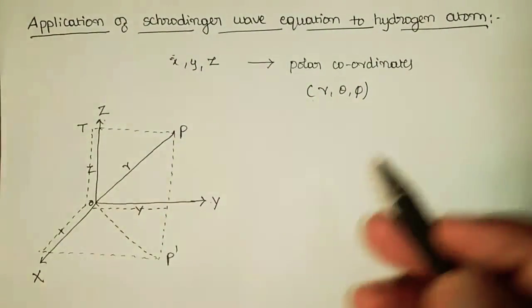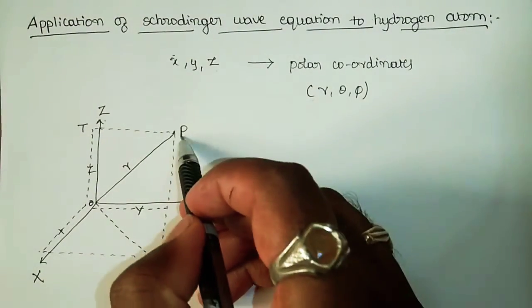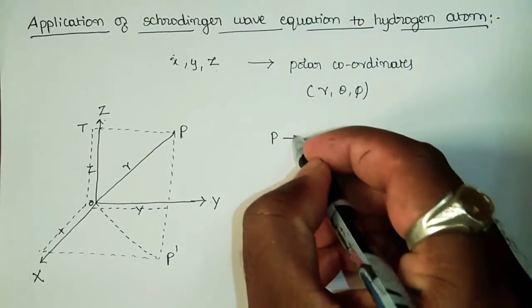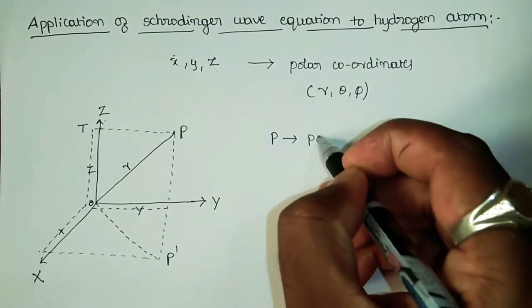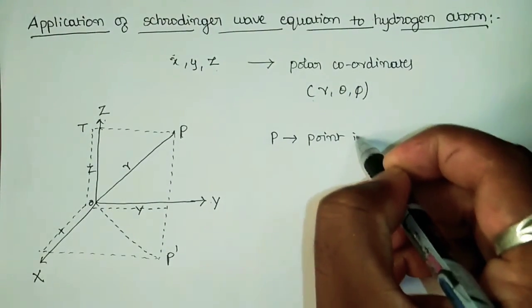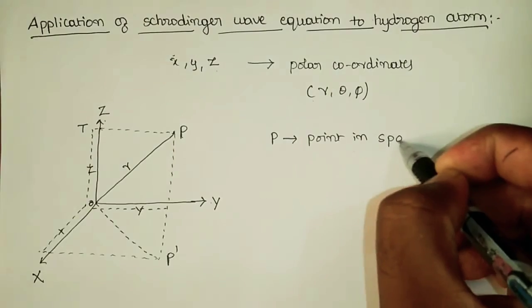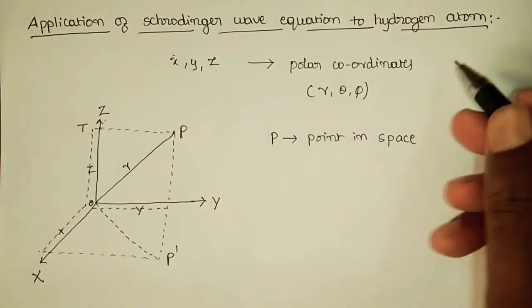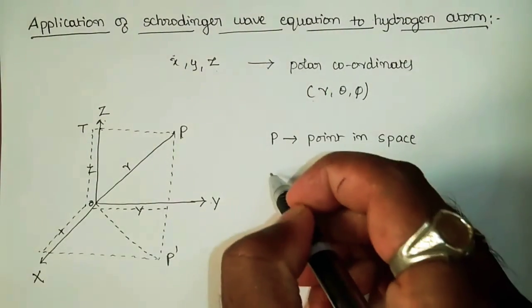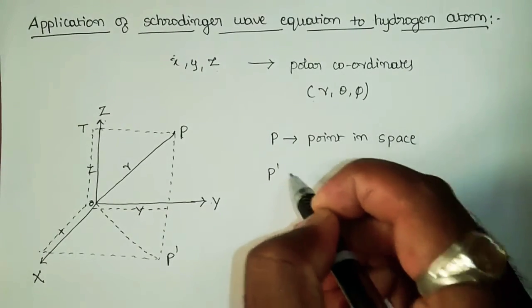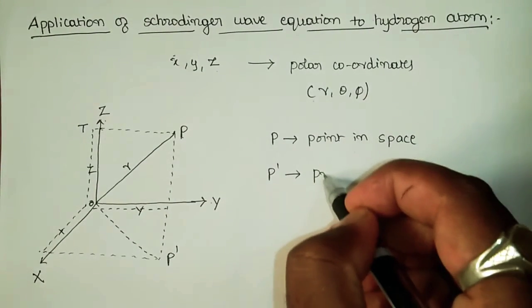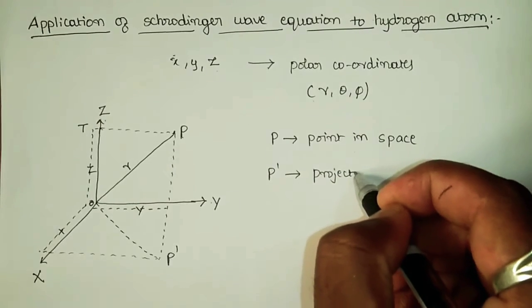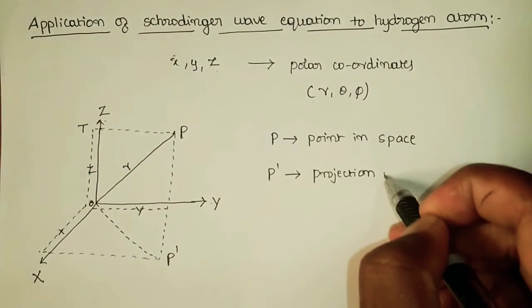And here, as I said, the point P is a point in the space. P is a point in space, and this P prime is the projection in the xy plane.